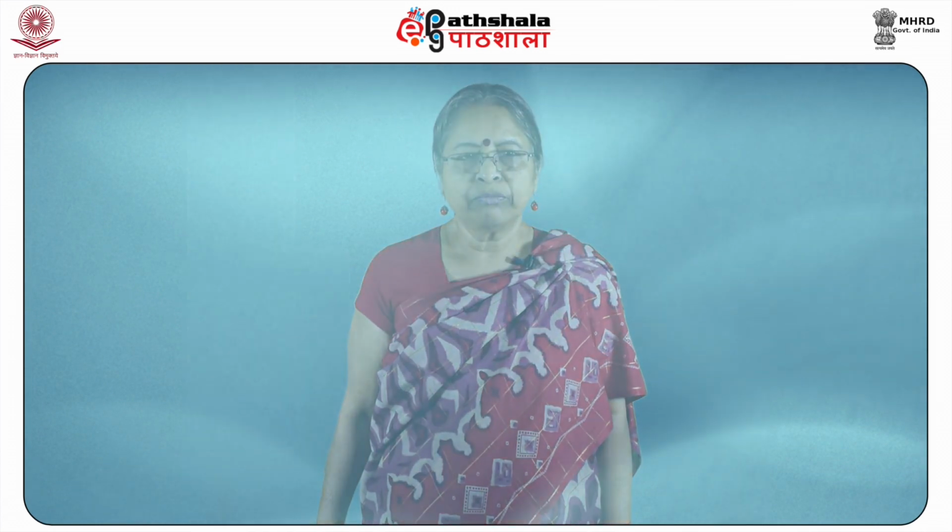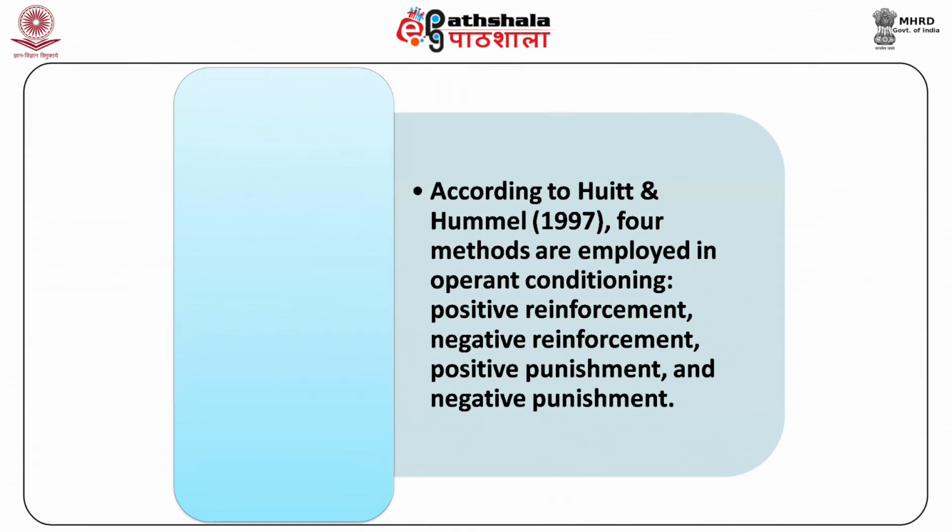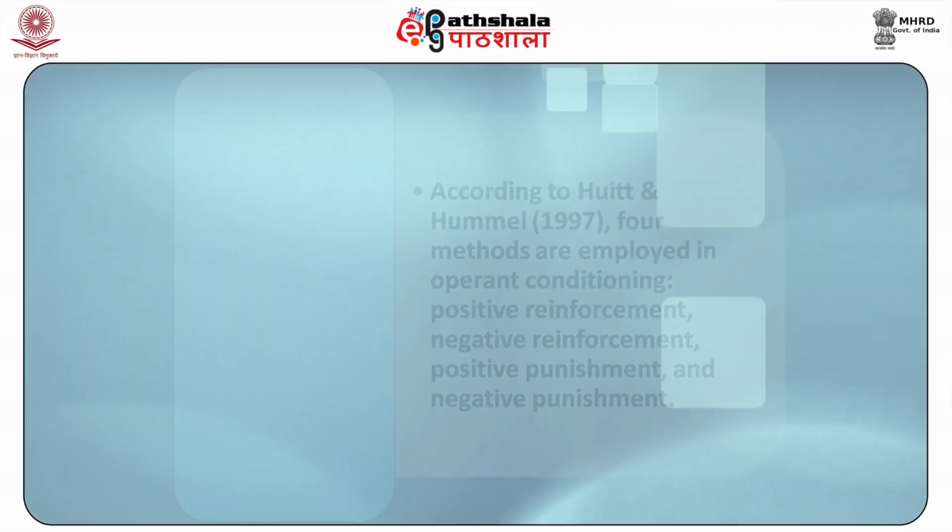Managers can influence and change an employee's behavior through properly scheduled rewards or punishments. According to Hewitt and Hummel, 1997, four methods are employed in operant conditioning: positive reinforcement, negative reinforcement, positive punishment, and negative punishment. The table below is derived from the table created by Hewitt and Hummel, 1997.